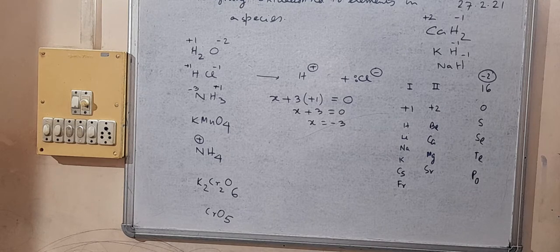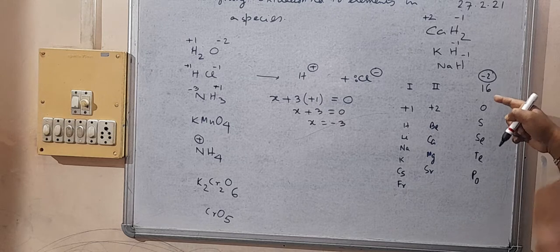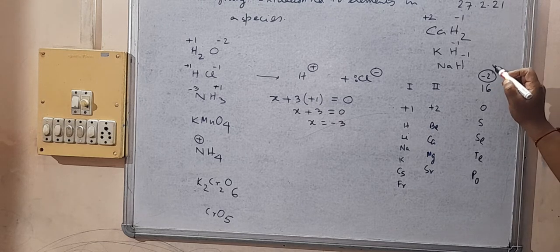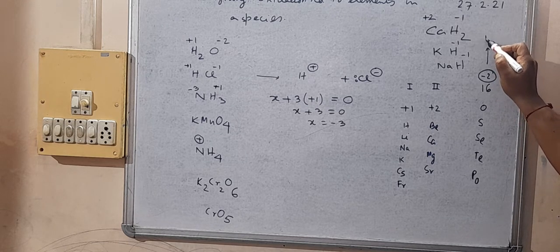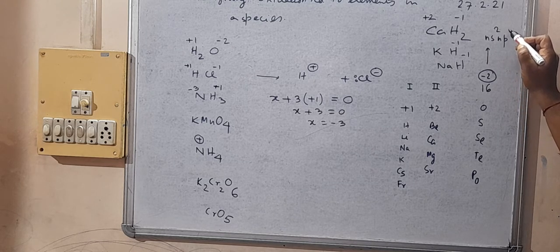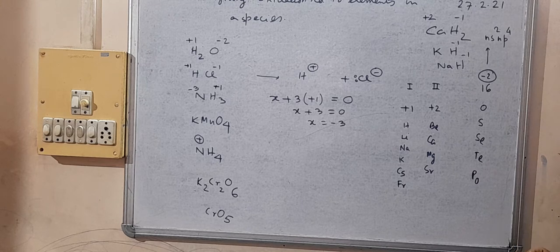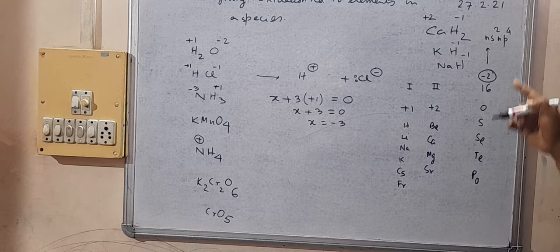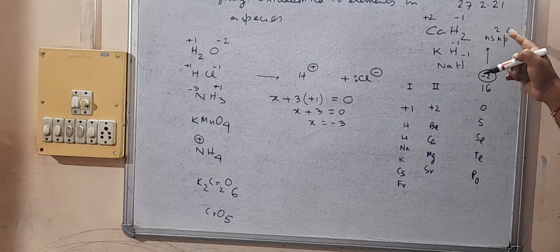Why minus 2? Because group 16 elements have the general electronic configuration ns2 np4.